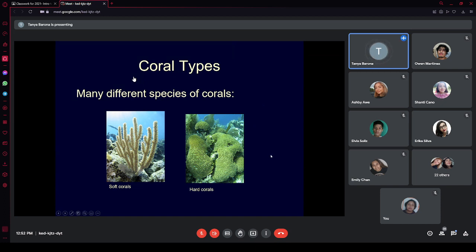All right, so there are two types of corals, and there are many different species. First, there are the soft corals, and as the name indicates, they are soft, and there are the hard corals, which are by description hard or stony.